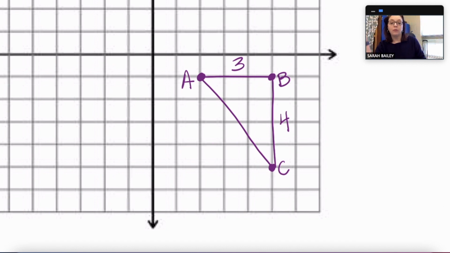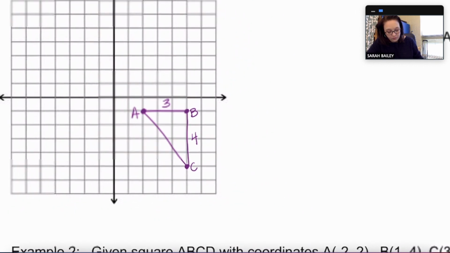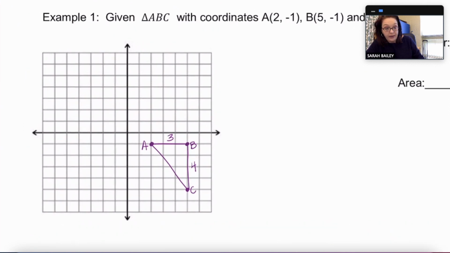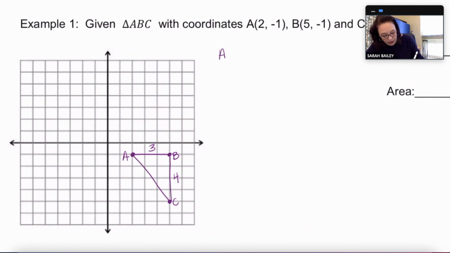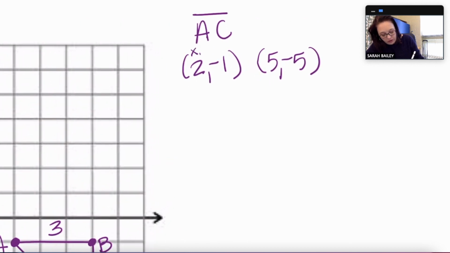Now, I'm going to use my distance formula for this, although we could just use our Pythagorean theorem here because it's clearly a right triangle, but we'll do the distance formula, just to practice using that. So side AC, remember, I'm going to rewrite the points for A and for C. That's x sub 1 and y sub 1, that's x sub 2, and that's y sub 2.